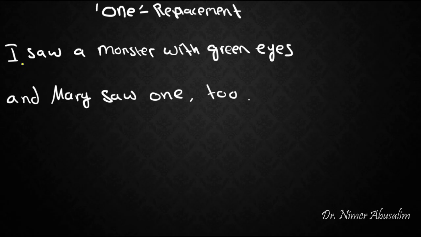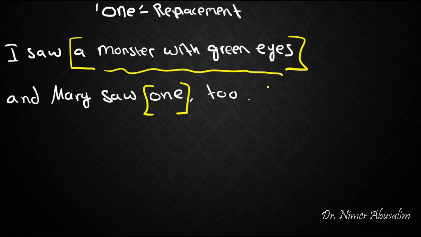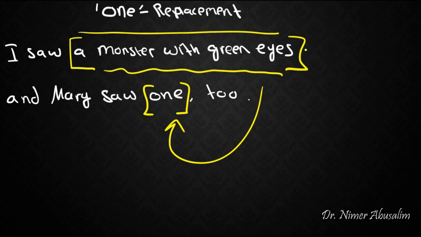So let's take this example here. I saw a monster with green eyes and Mary saw one, too. This one here refers to a monster with green eyes. Because we are able to replace a monster with green eyes with the word one, and still have a grammatical sentence, we know that this whole stretch, a monster with green eyes, is one constituent.